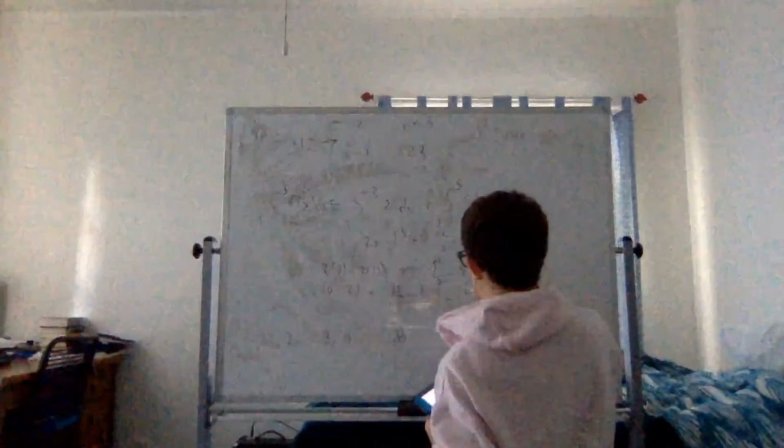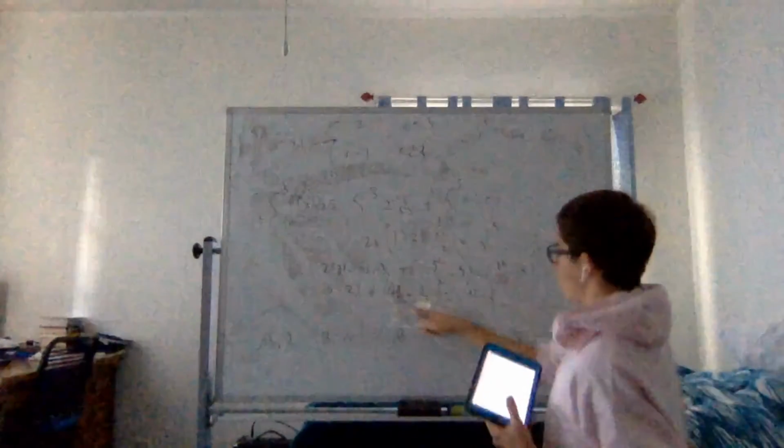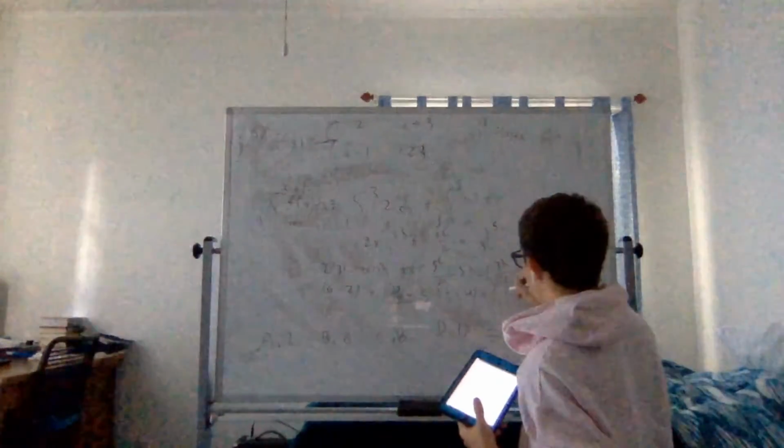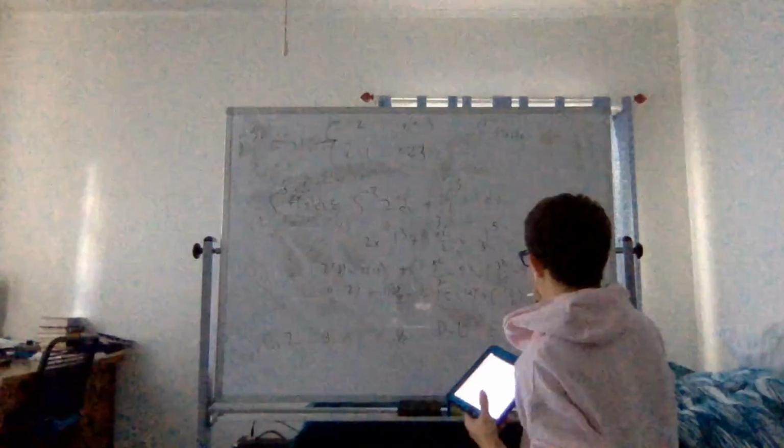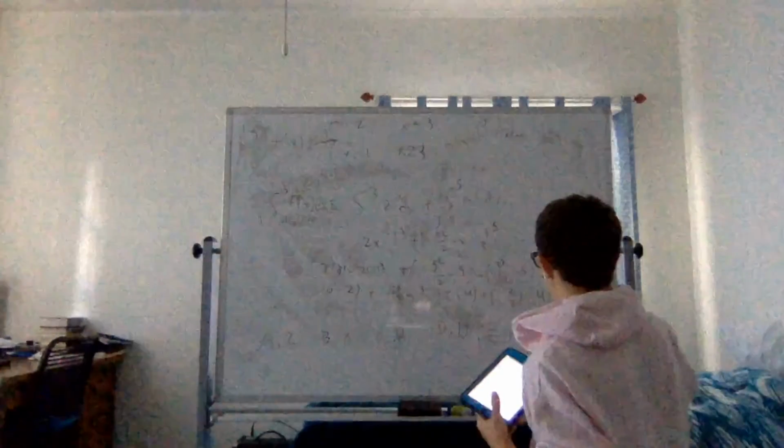So that's also equal to 6 minus 2, which is 4, plus 15 minus 3 over 2, which is 12 over 2, which is also equal to 4 plus 6, or 10. So the answer is D.